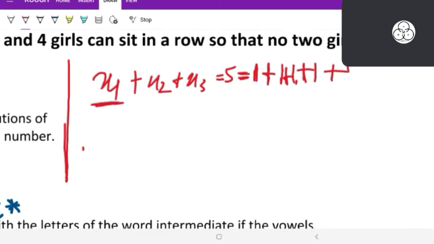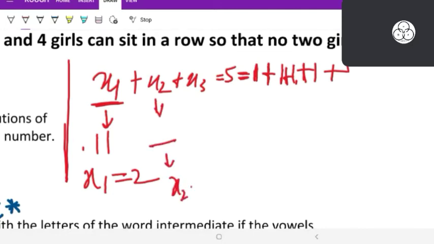Just look at this. This is a box having 2 ones, meaning x1 equals 2. This is a box having no 1, meaning x2 equals 0. And x3 is a box having 3 ones, meaning x3 equals 3.